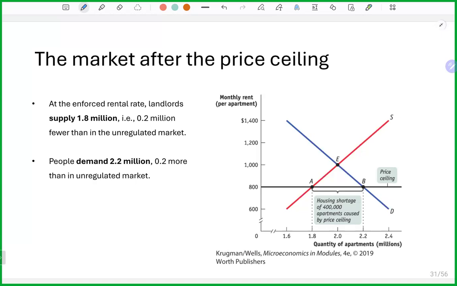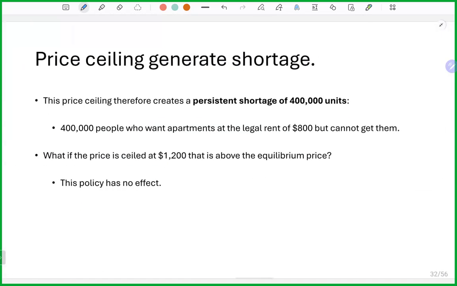That's the consequence of rent control. So this price ceiling creates a persistent shortage of 0.4 million units, for 0.4 million people who want an apartment at the legal rent of $800 but cannot get one.